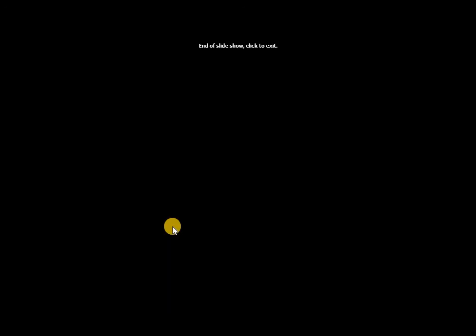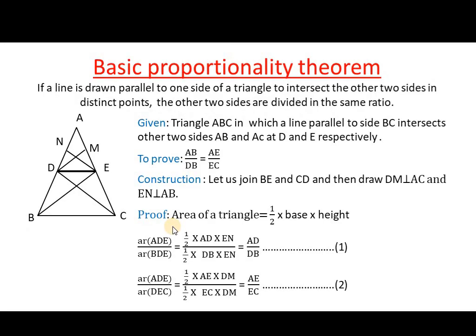Already in our last class we have discussed what similarity of a triangle is and how the similarity of triangles can be compared based on their sides and angles.